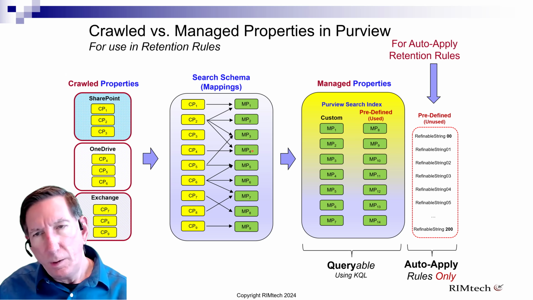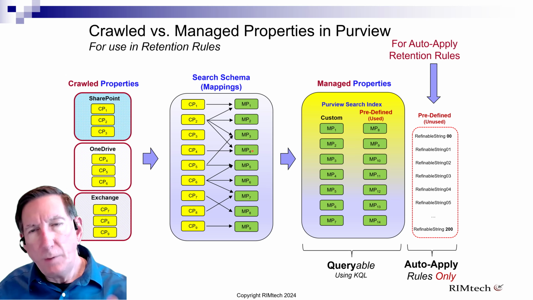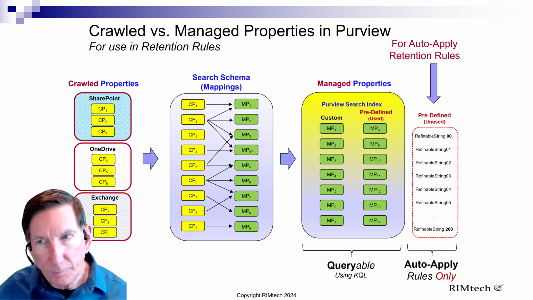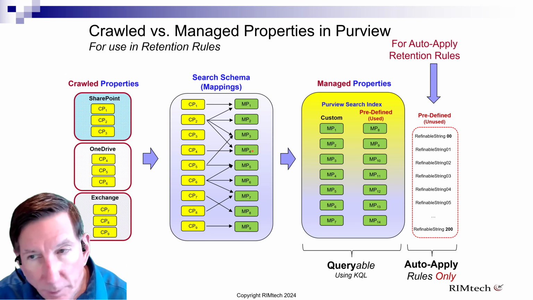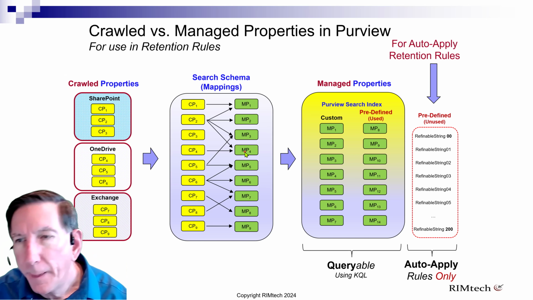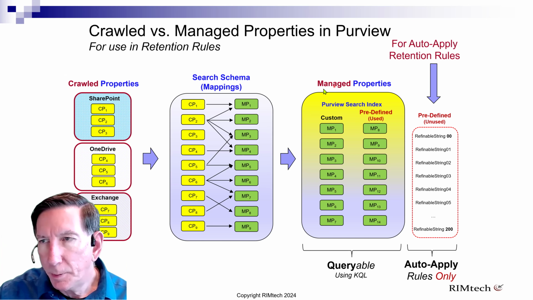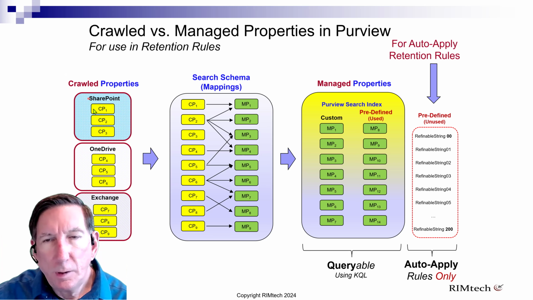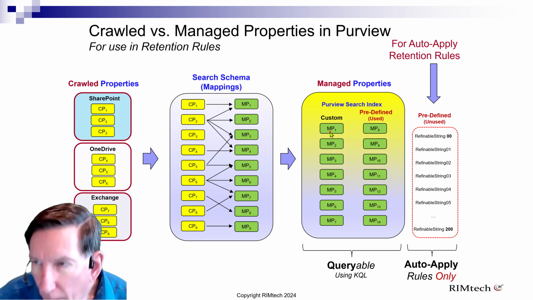So now in Purview, you can do a search of different Microsoft products with some degree of consistency between them. So that's called a managed property. When you're in Purview, you are not searching crawled properties. It's impossible. You're searching green properties, which are managed properties.